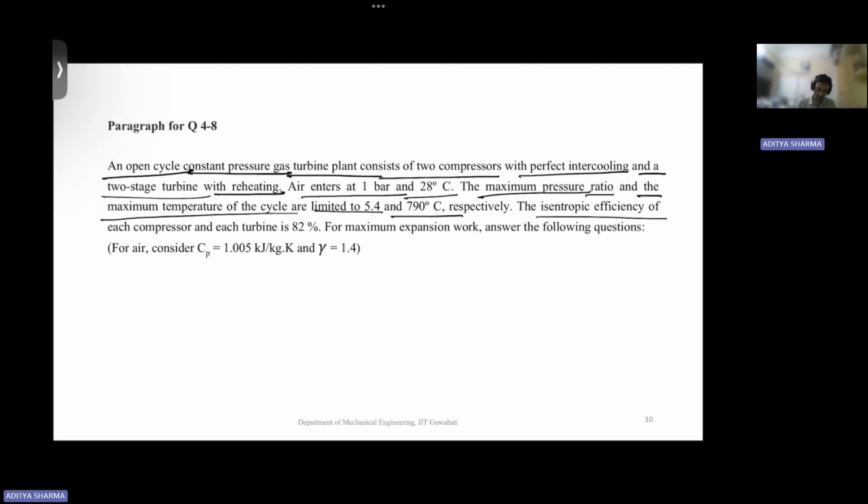Isentropic efficiency of each compressor, so two compressors are there, and each turbine is 82%.